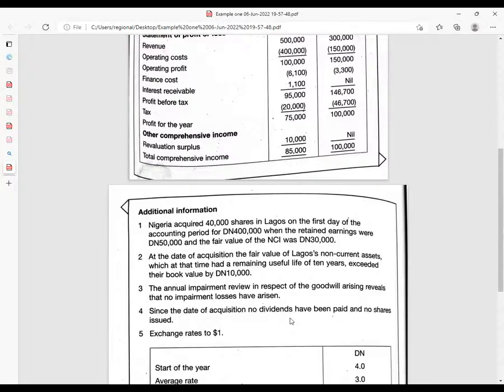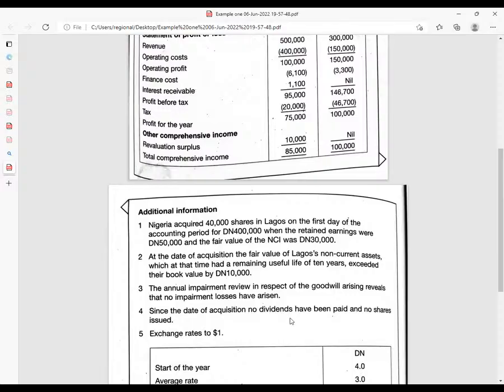At the date of acquisition, the fair value of Lagos's non-current assets, which at that time had a remaining useful life of 10 years, exceeded their book value by DN 10,000. The annual impairment review in respect of the goodwill arising reveals that no impairment losses have arisen. Since the date of acquisition, no dividends have been paid and no shares issued.